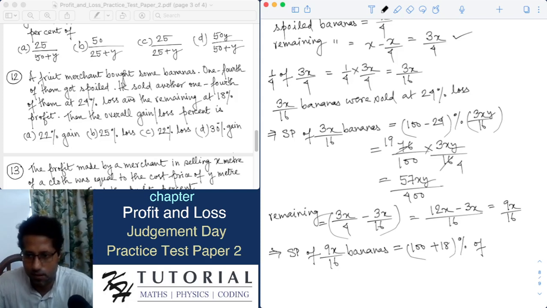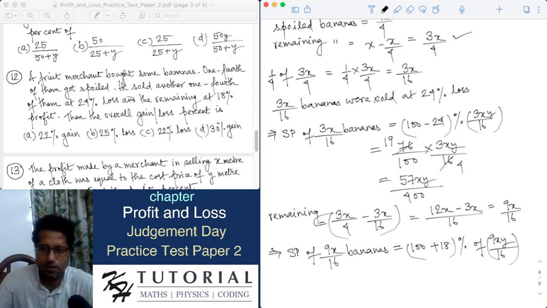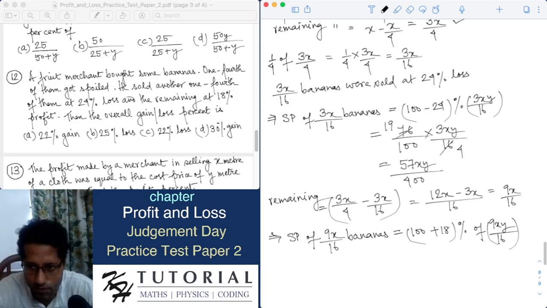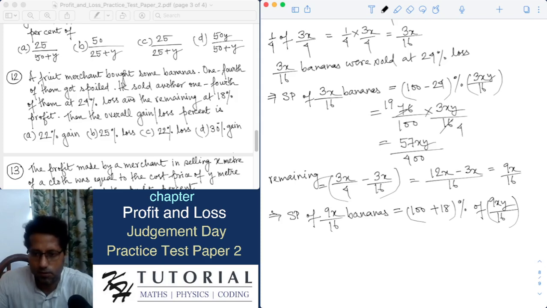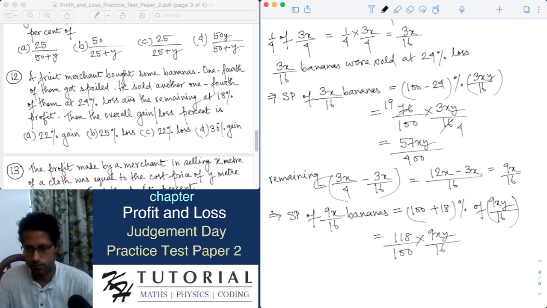The cost price is 9xy by 16, because y is the cost of one banana. So this is equal to 118 divided by 100 multiplied by 9xy by 16.